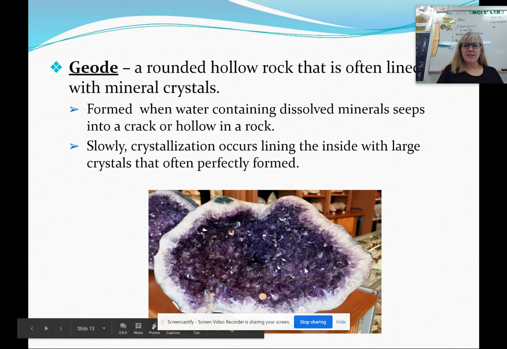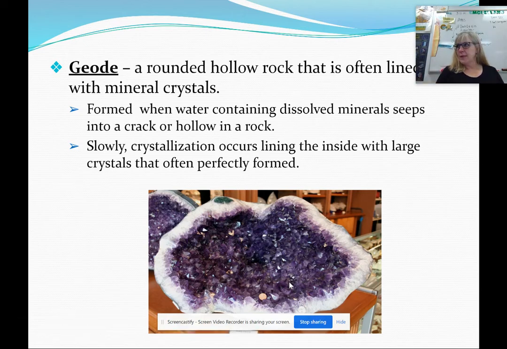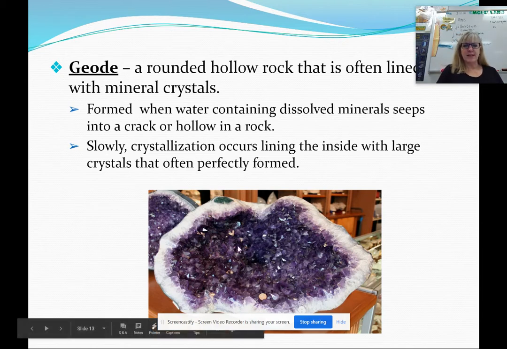There's a geode. You've probably all seen a geode. There's one in my room. If you look over by the pencil sharpener, there's a piece of a geode that looks very much like this. That's a penny, I think, just to give you a sense of size. It's a hollow rock that's often lined with mineral crystals.